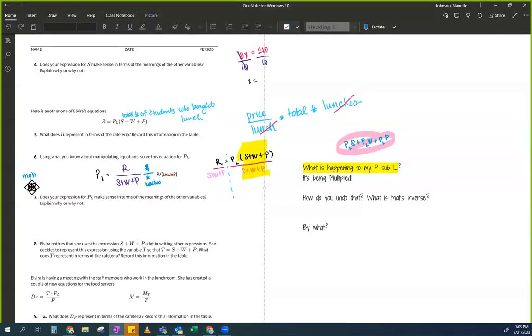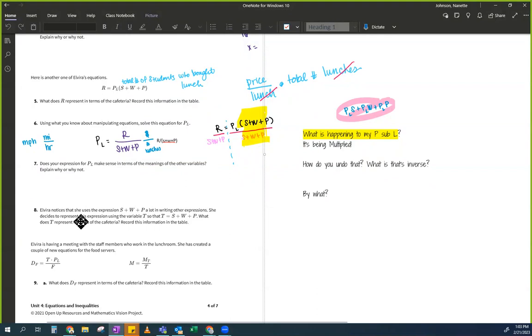Okay, besides writing it out in words, some people write it out like this: miles per hour. They write it as a fraction because it's a unit, it's a ratio, right? So dollars per lunches is the same as dollars per lunches here. Okay.